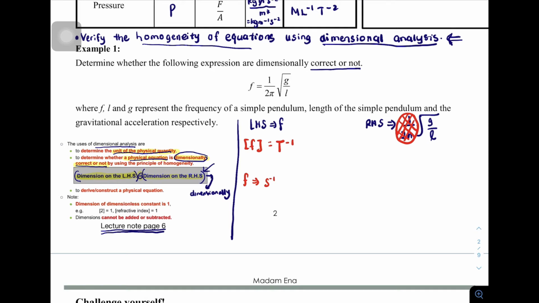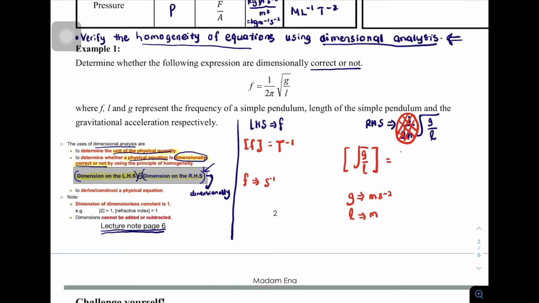So let's take square root g over L. For the dimension of square root g over L, g is gravitational acceleration, with unit m s negative 2, and length is meter, m.